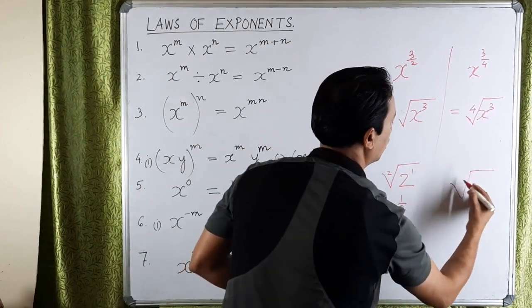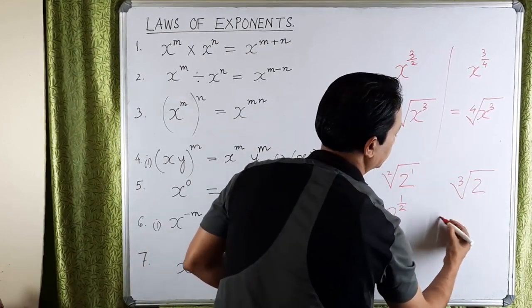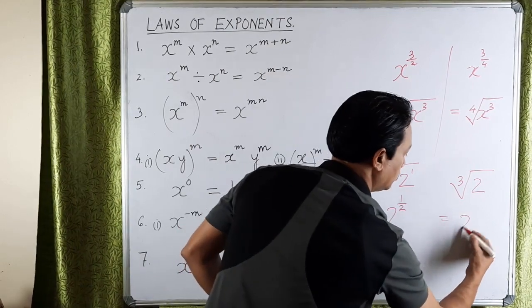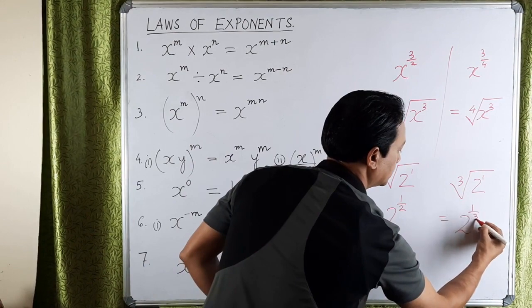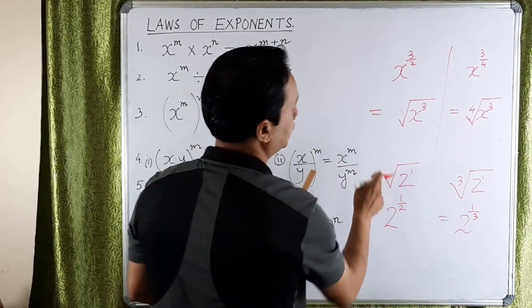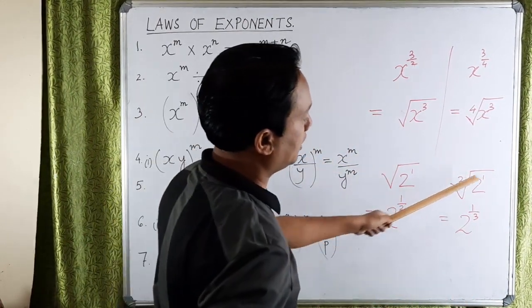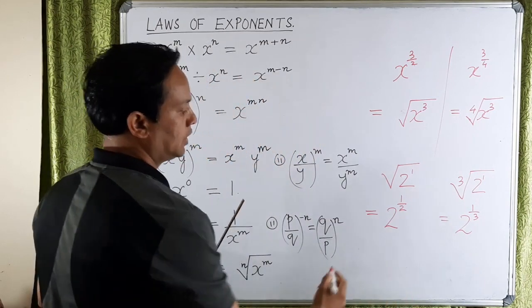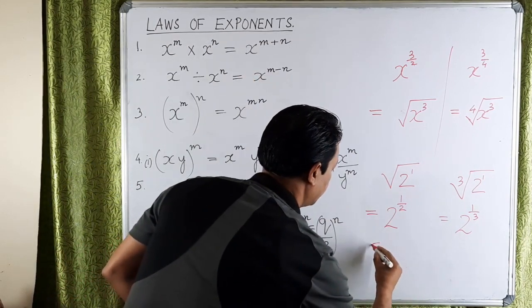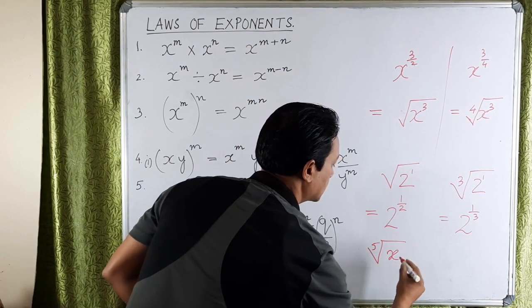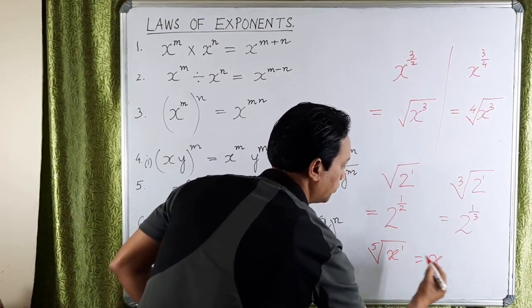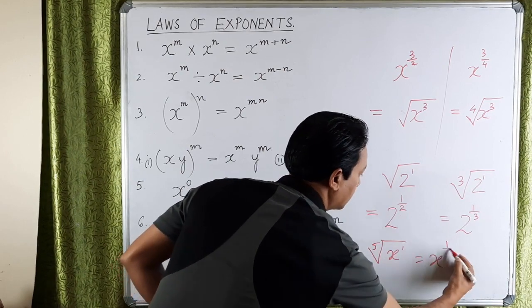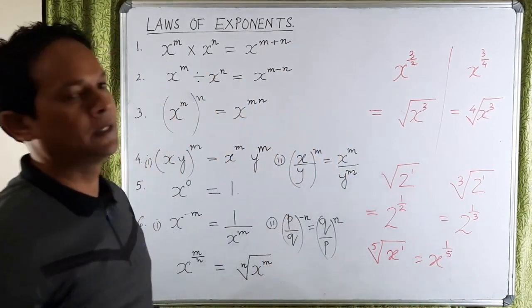If it was cube root of 2, it will become 2 to the power 1 upon 3. So square root becomes power half, cube root becomes 1 by 3, and so on. If we have, say, 5th root of x, it will become x to the power 1 by 5, and so on.